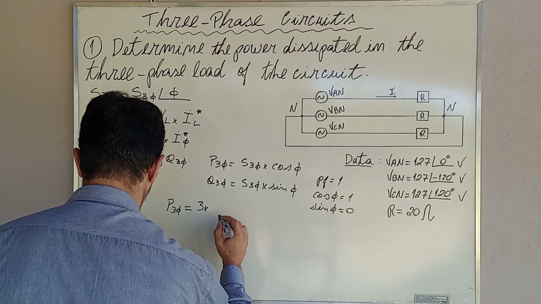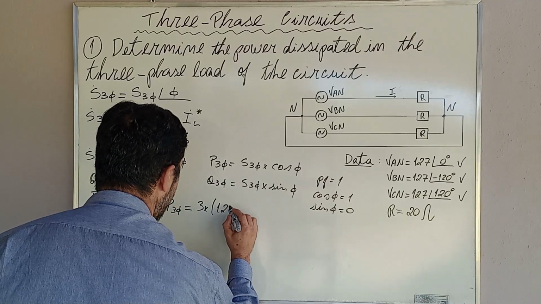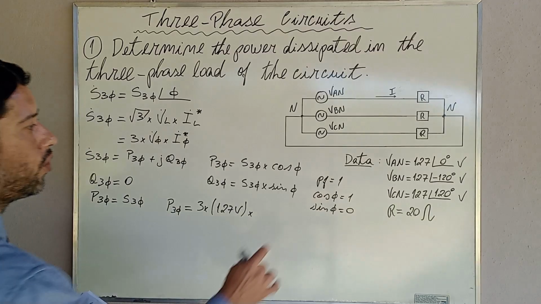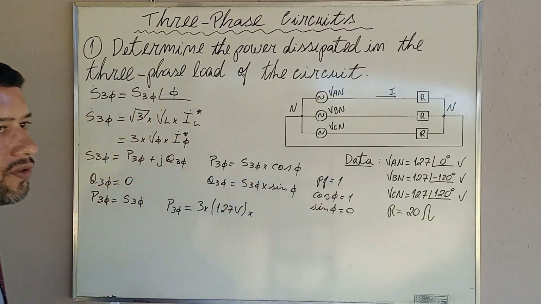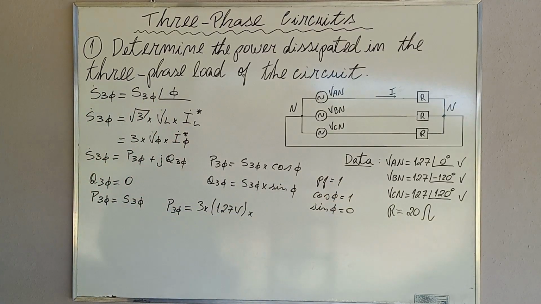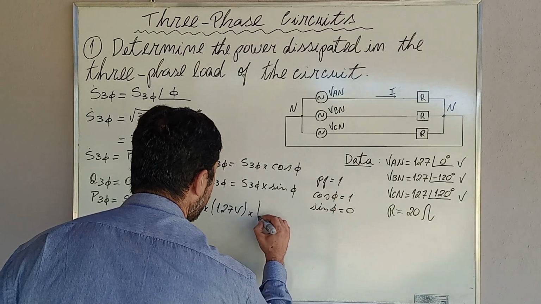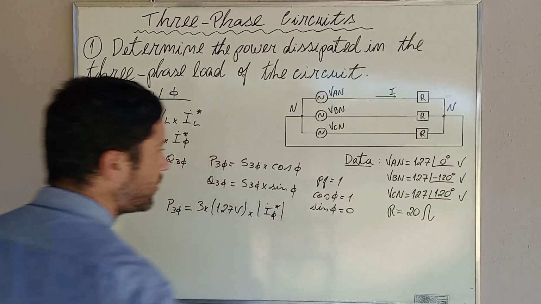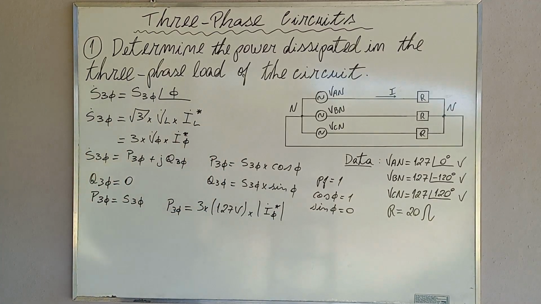3 times 127 volts, the phase voltage is 127, times the magnitude of the current. Observe that the magnitude of the complex conjugate of the phase current is equal to the magnitude of the phase current.